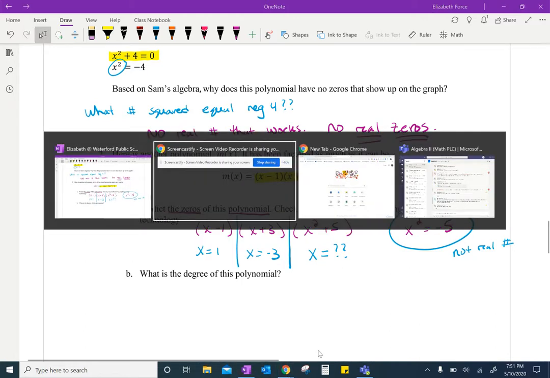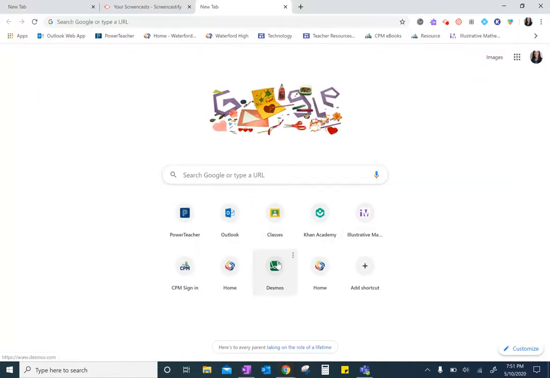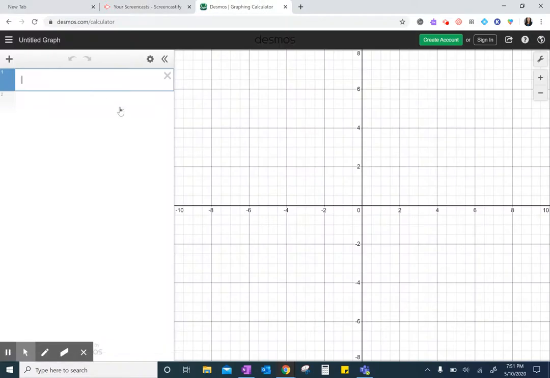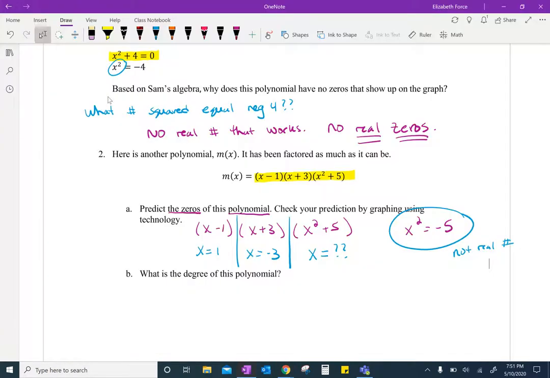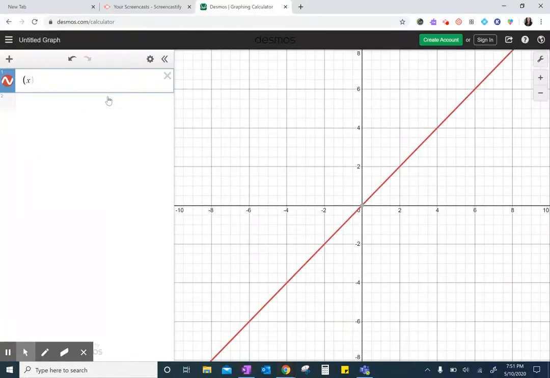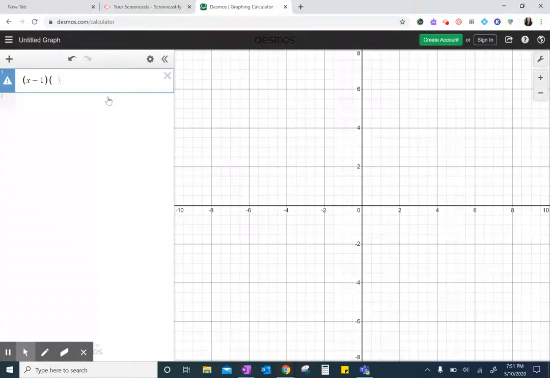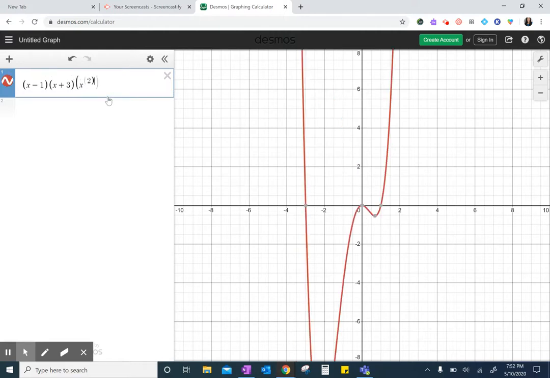We're going to go over to Chrome, bring up Desmos, and type x minus 1, x plus 3, and then x to the second plus 5.